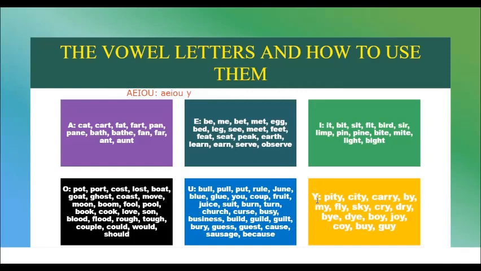It is a consonant sound in most English words, and it is a vowel sound in some English words such as pity, city, carry, buy, my, fly, sky, cry, dry, die, boy, joy, coy, guy, and so on and so forth.